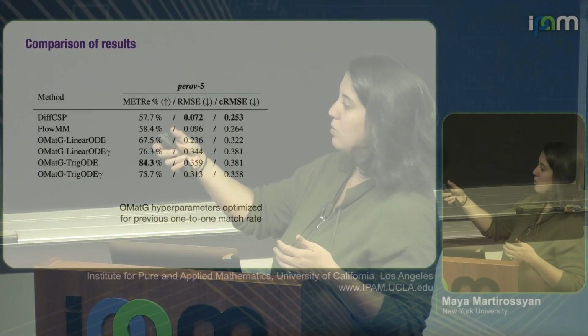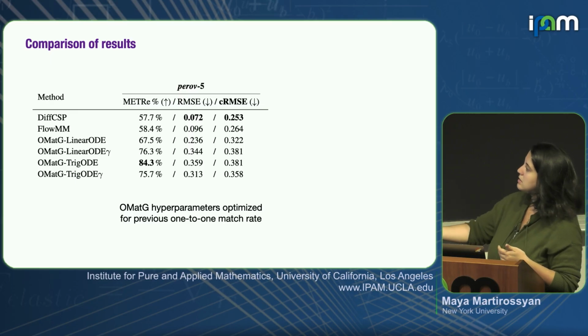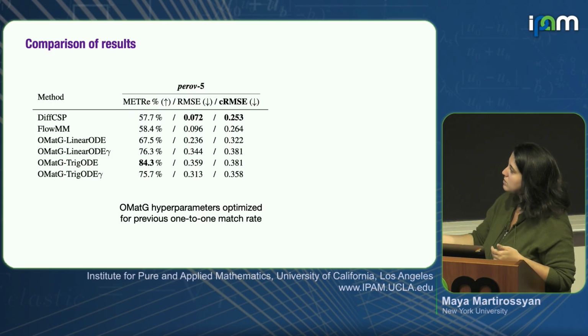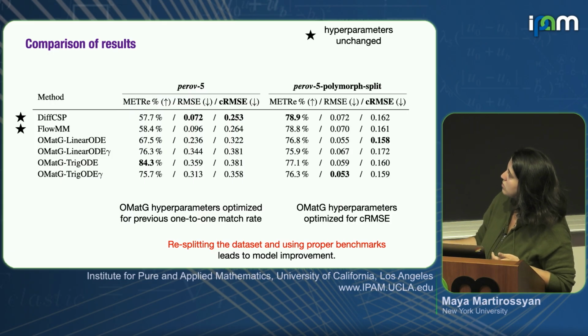This means that at test time, when you go to see if you can predict the right structure, you're seeing compositions that you've never seen before, and you have to predict both of the polymorphs.